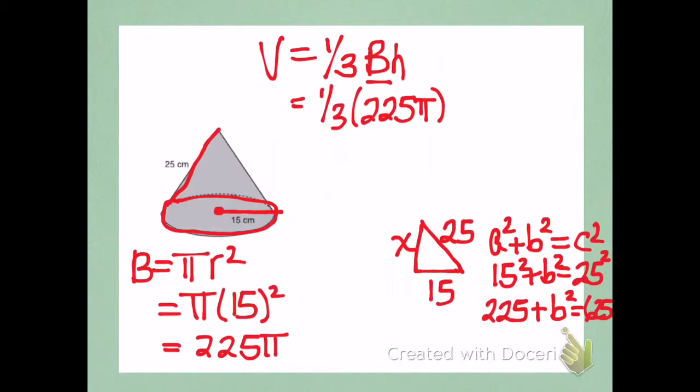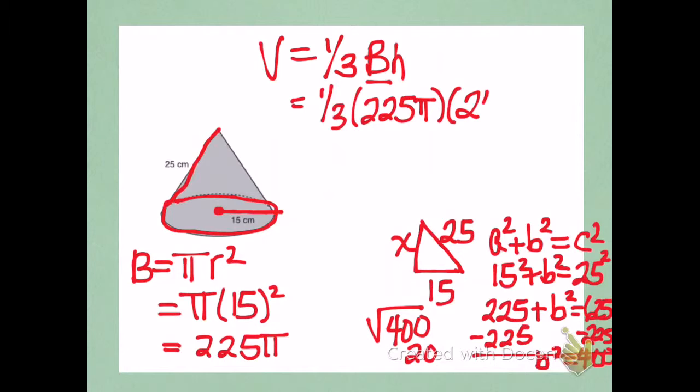So to solve for that, I need to use the subtraction property of equality. And that tells me that b squared is going to be 400. And to find the value of the height, I need to take the square root of 400, which is going to be 20. So that's what I'm going to substitute in for my height.